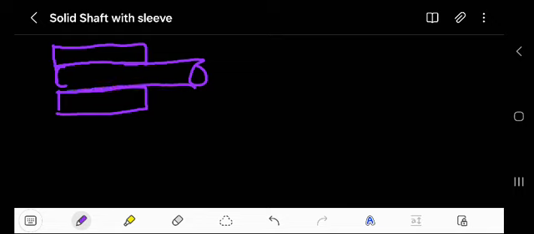We want to press this shaft by force. We are pressing this shaft by force. Apply the force. You want it to fit there. We have that force that we apply.